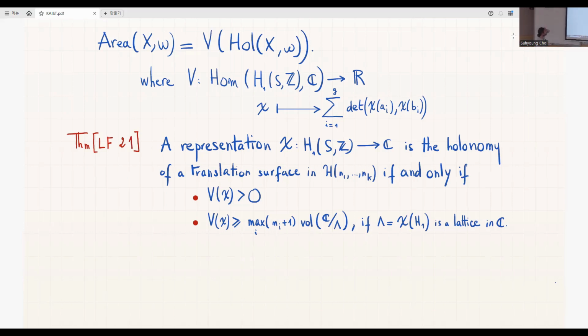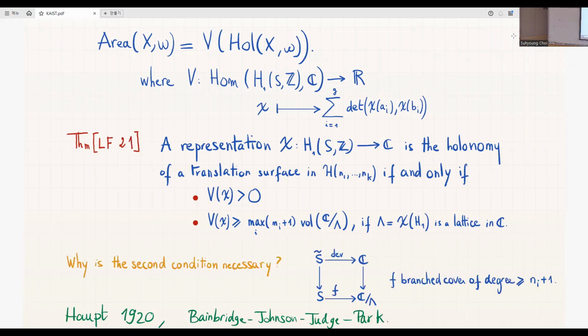So I have explained why the first condition is necessary. Let me just tell you why the second is also necessary. So say I have χ whose image is a lattice, and I have a geometric structure with holonomy χ. Then I can look at the developing map from the universal cover into C, and I can map C to C over Λ.